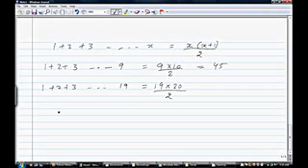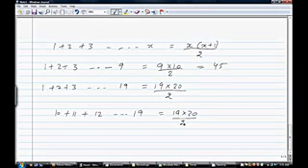For example, 10 plus 11 plus 12 and it goes to 19. So first I have to add numbers from 1 to 19. So that will be 19 into 20 divided by 2, and then I have to subtract numbers from 1 to 9. So that will be 9 into 10 divided by 2.